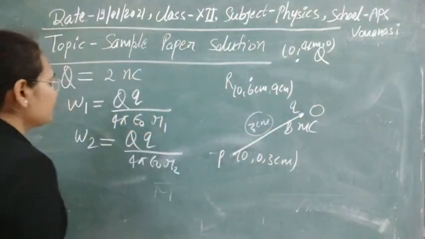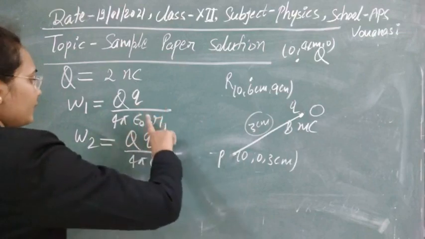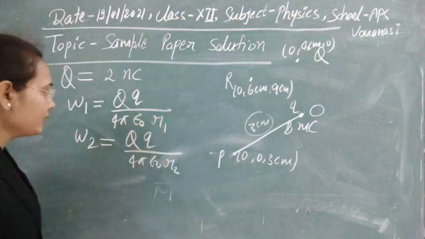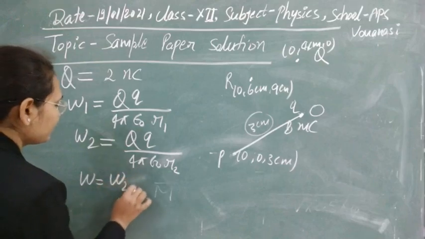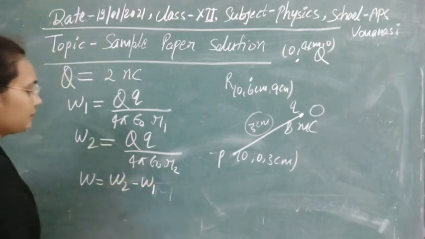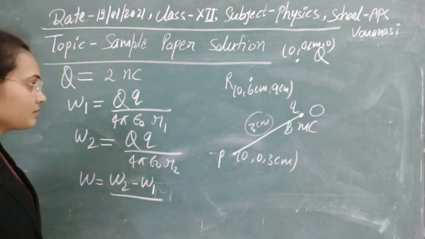So in that case, the total work done will be the difference between these two. So simply take W2 minus W1, and you can calculate the work done during this process.